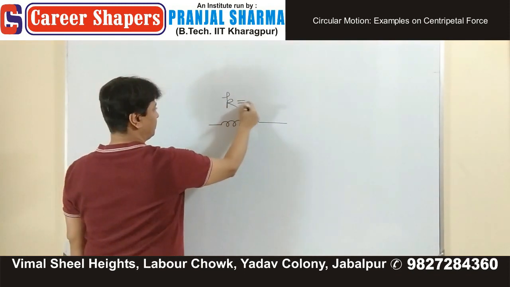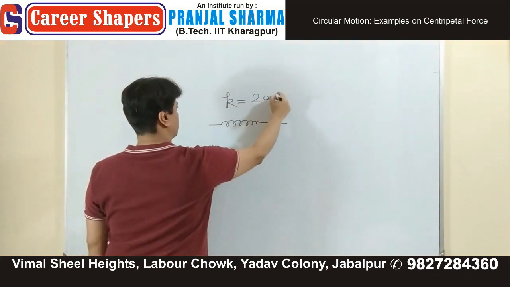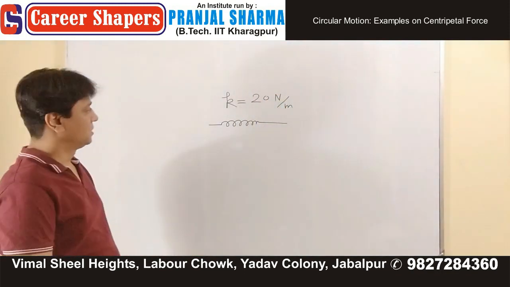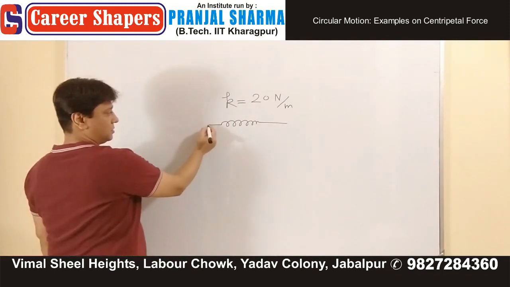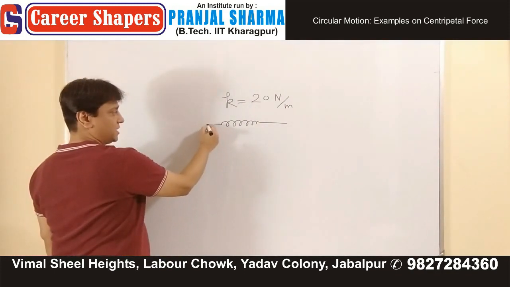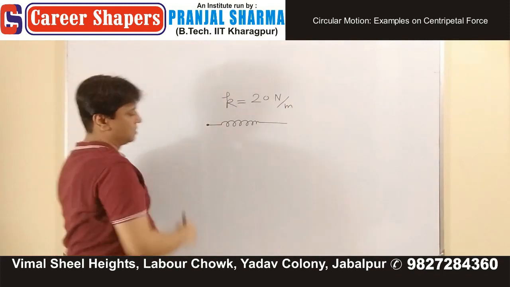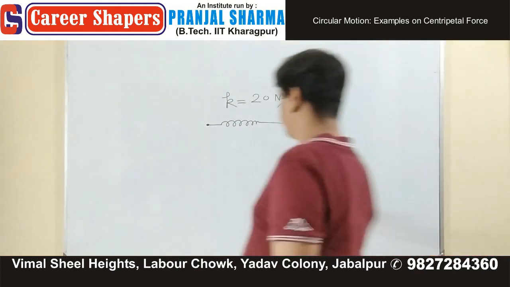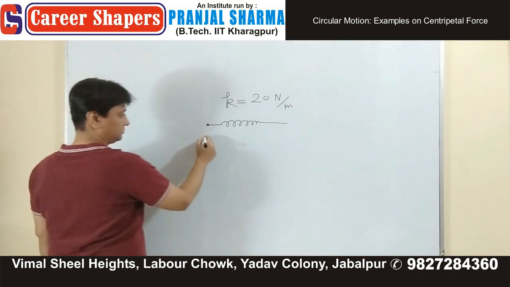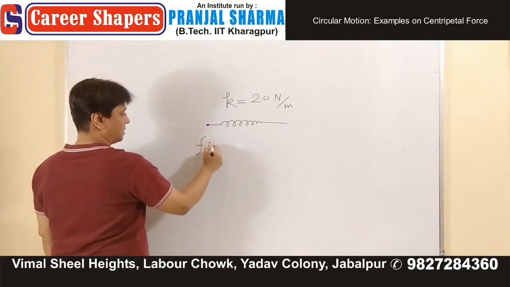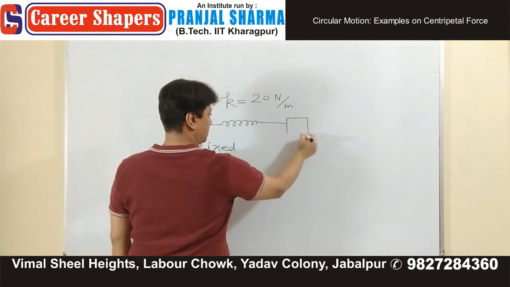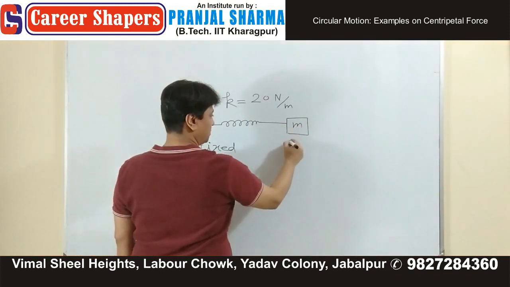There is a spring of force constant 20 newtons per meter. This end is fixed, and this end is connected to a mass of 2 kg.